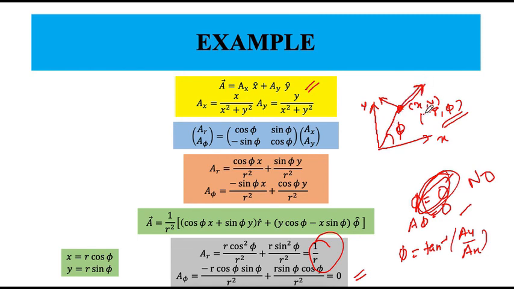This point is given by r and phi, but the direction is only along the r direction. There is no phi component, or there is no component of the vector along the phi direction. So keep this in mind, it is very important.